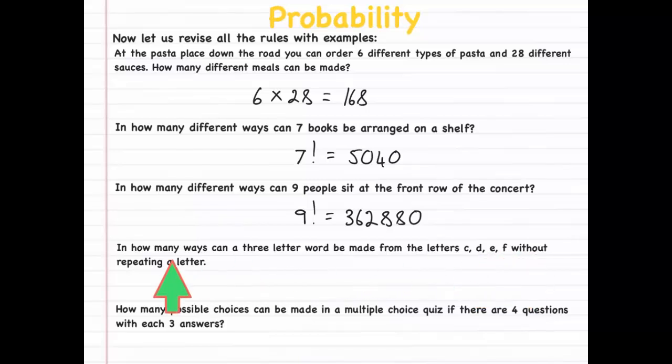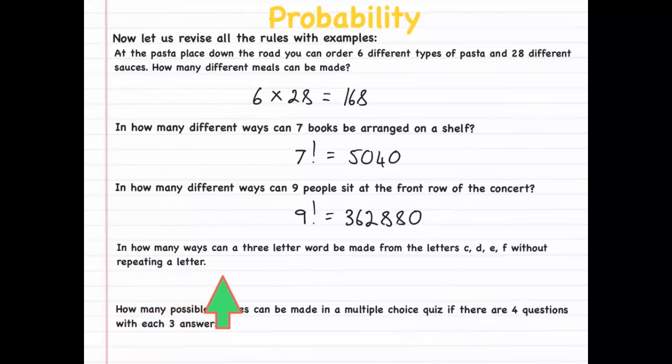Now, next question. In how many ways can a 3-letter word be made from the letters C, D, E, and F without repeating a letter? Okay, so no repetition is allowed. This is our amount of groups because we've got a 3-letter word, so there's 3 groups. For the first letter, there's 4 items. For the second letter, there's 3 items. And for the last letter, there will be 2 items because we're not allowed to repeat, right?